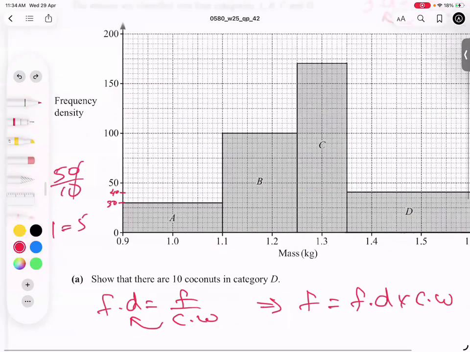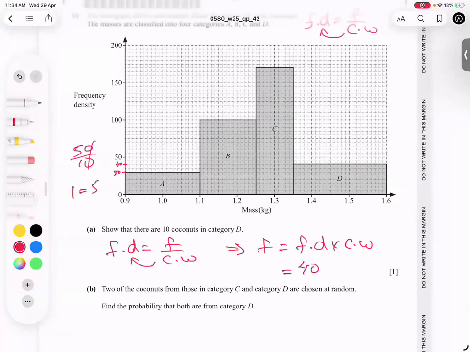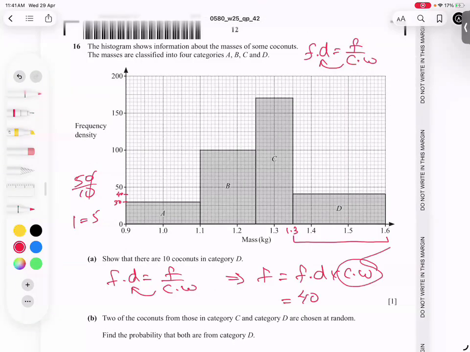So the height is 40, and for the class width, the gap is this: 0.1, 0.2, 0.25. As I said before, this is 0.25, students. So if we multiply and not divide, we are getting 10. Proved.